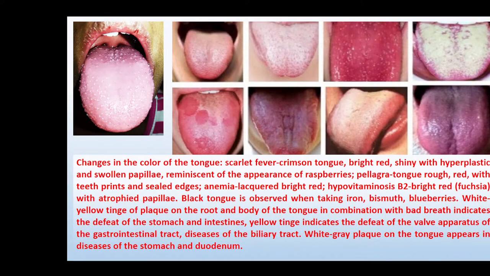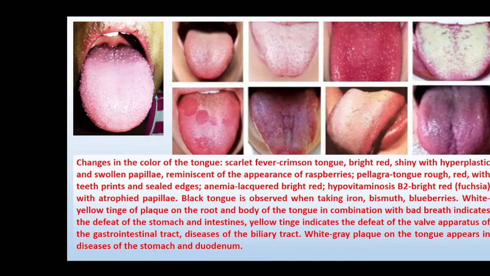There are many variants, for example, scarlet fever: crimson tongue, bright red, shiny with hyperplastic and swollen papillae, reminiscent of the appearance of raspberries.